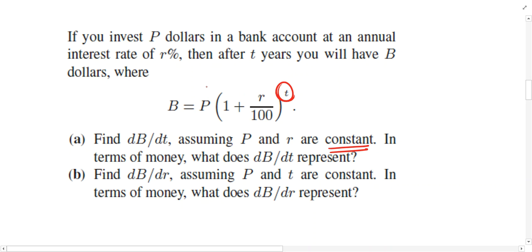In essence, we have some constant value times a base raised to a power. And we have a rule that helps us identify the derivative of some base to an exponent power.